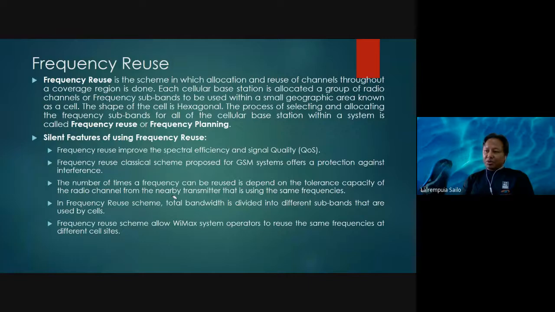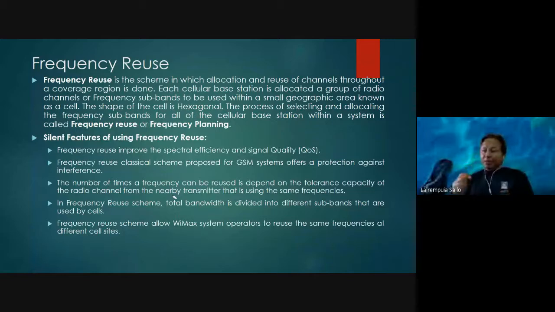In frequency reuse schemes, the total bandwidth is divided into different sub-bands that are used by the cells.